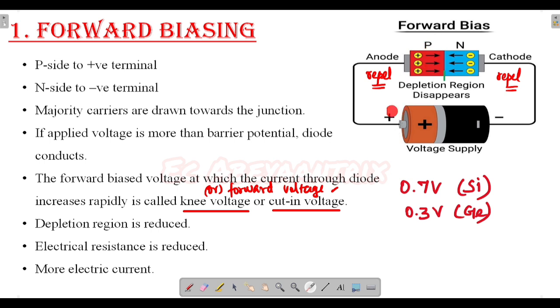The majority charge carriers repel towards the junction, and as a result the width of the depletion region is reduced and the electrical resistance is also reduced. When the resistance is reduced, more charge carriers can move freely across the junction, and as a result the electric current will be more. In forward biasing mode the current conduction starts. So the diode allows current in this forward biasing mode only.